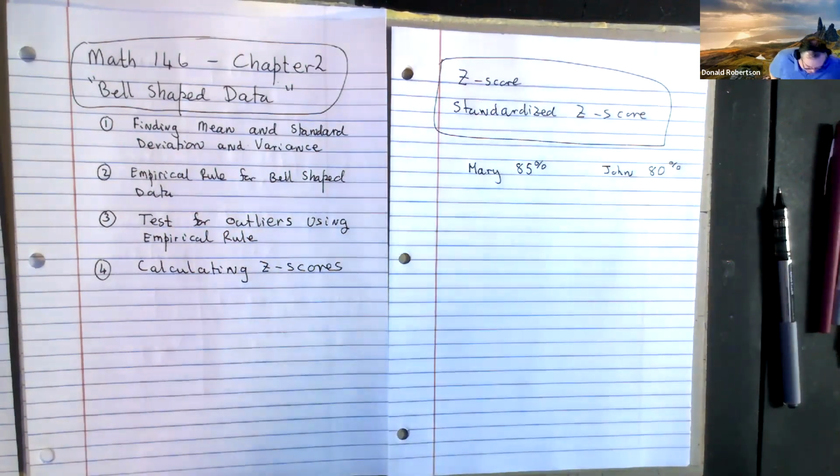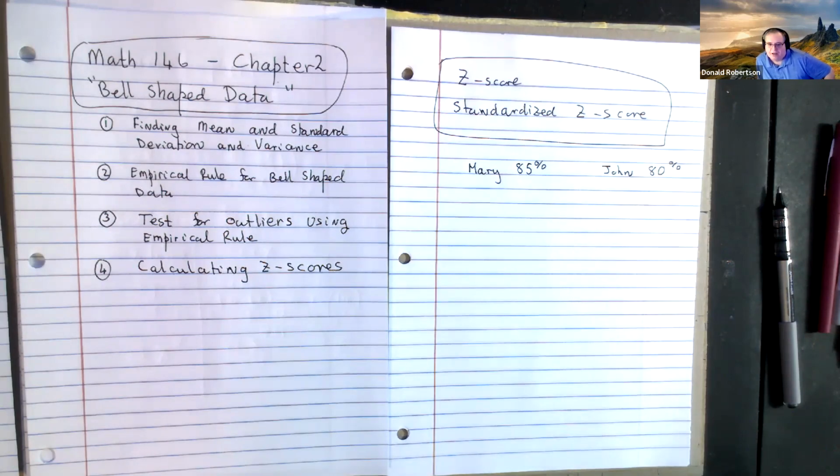And Mary was saying to John, I did better than you. I got 85, you only got 80, nah, right? The kind of things that siblings do. Now, if that was the only information that we've got, I think we'd have to accept that Mary's score was higher in the final than John's, so she did do better.